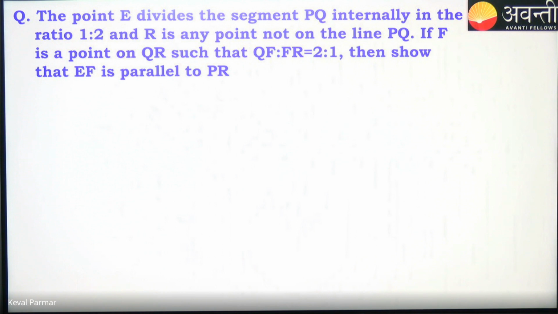Read the question part by part. Are you done reading? If done reading, break the questions into parts so that we can solve it easily.